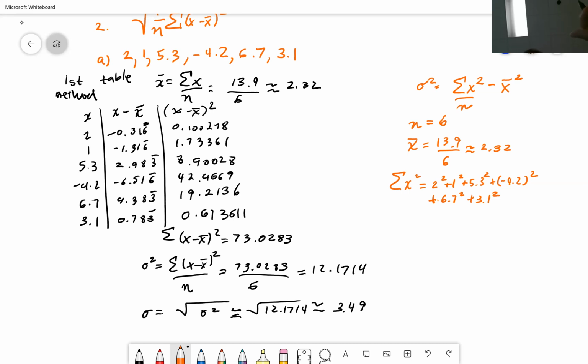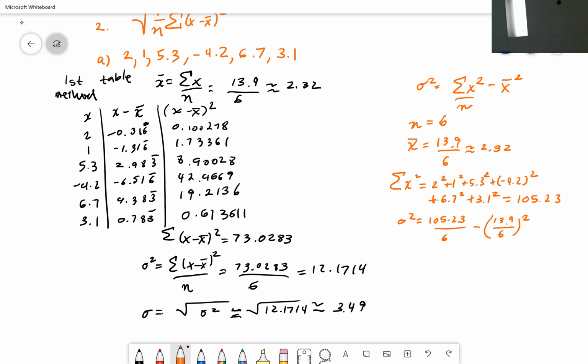So it's 4 plus 1 plus 5.3 raised to the second plus parentheses negative 4.2 close the parentheses raised to the second plus 6.7 raised to the second plus 3.1 raised to the second. And so we get 105.23. So now we have everything. So your variance is going to equal 105.23 divided by 6, minus parentheses 13.9 divided by 6 squared.